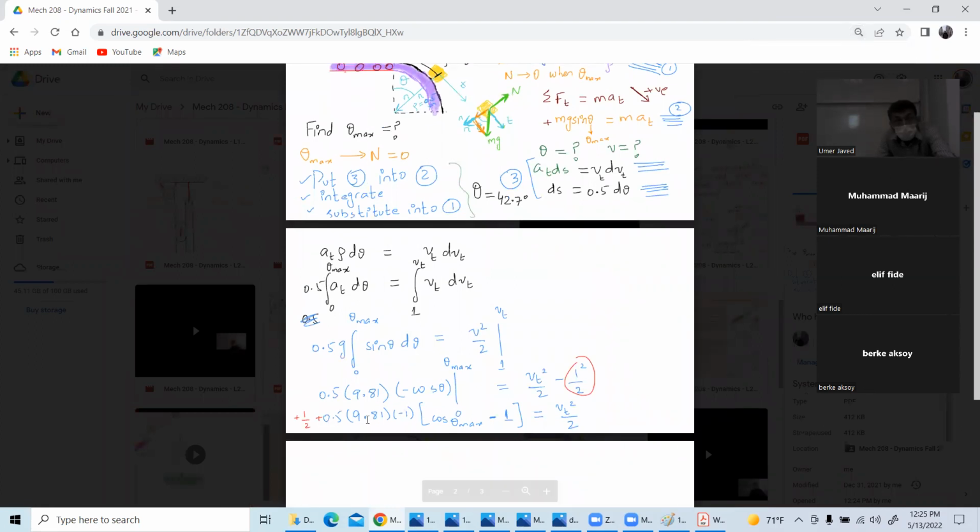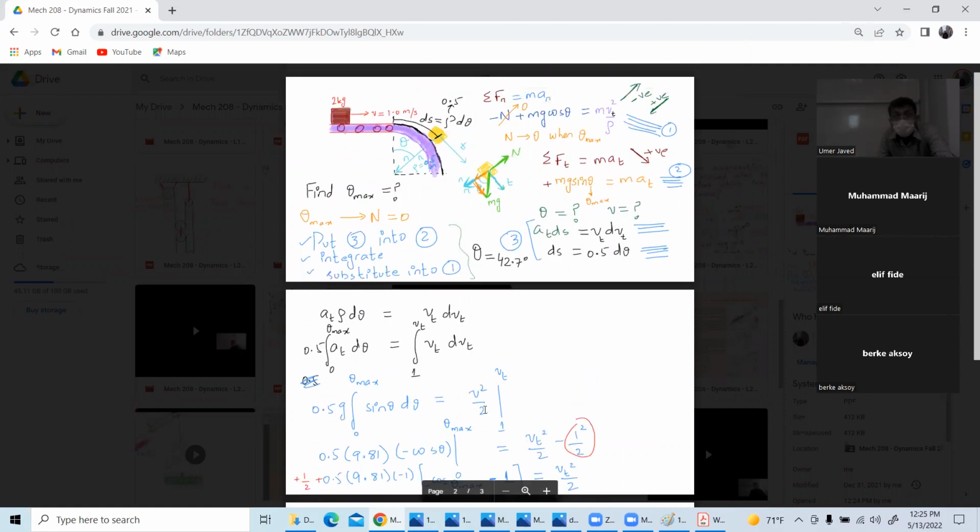Then you will get this expression. You can see I have cos theta max here sitting. You will have everything in the form of cos theta max. You will go back and put it inside this cos theta max, and you can find the value of theta max from here.